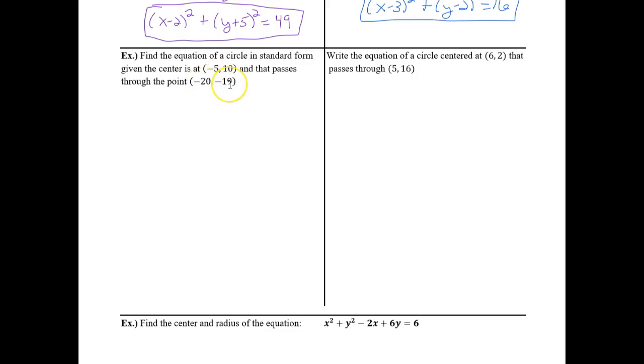But we have an xy value. So we're going to plug in everything we do know into our equation in standard form and solve for what we don't know, which is r squared.